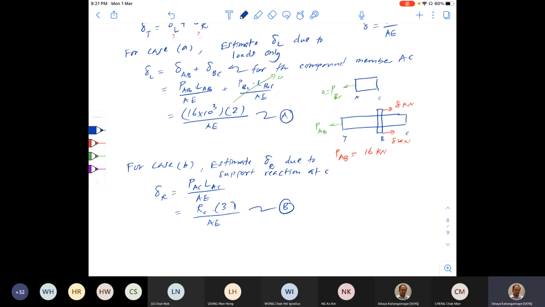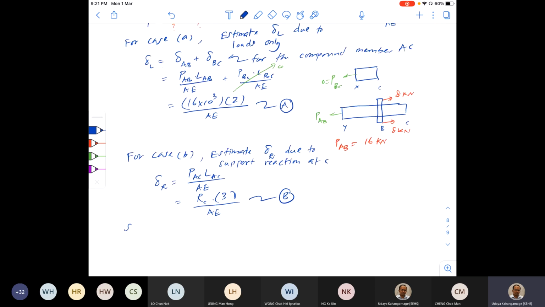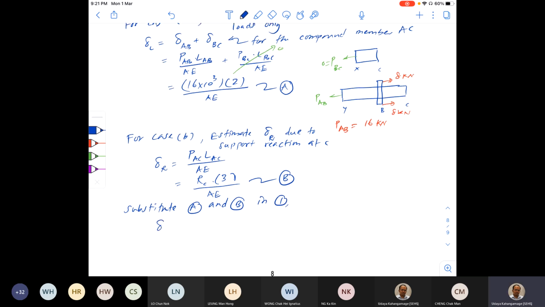Okay. So now from equation number 1, we can substitute the values of A and B in 1. So that tells that delta T is equal to delta L plus delta R, and it is equal to 0, right?